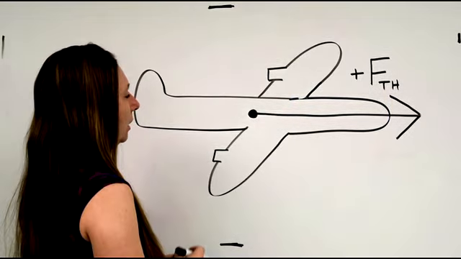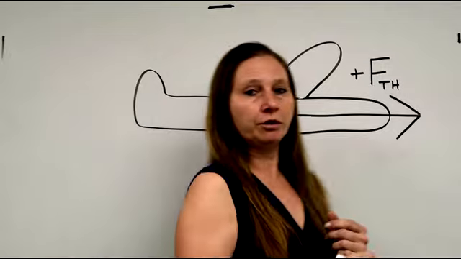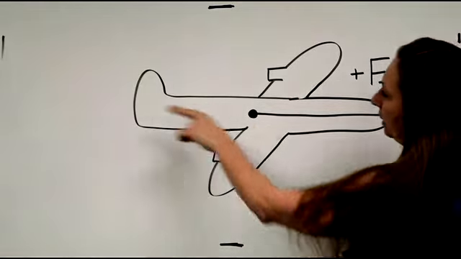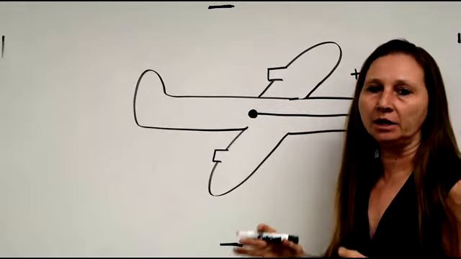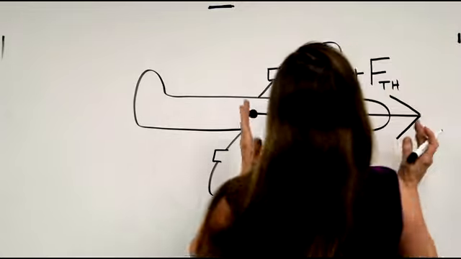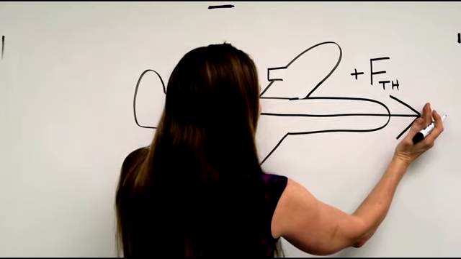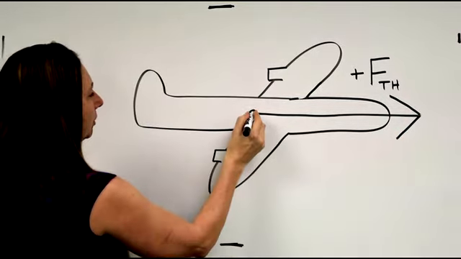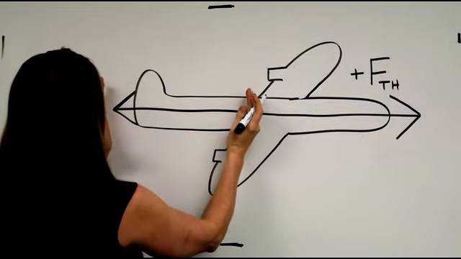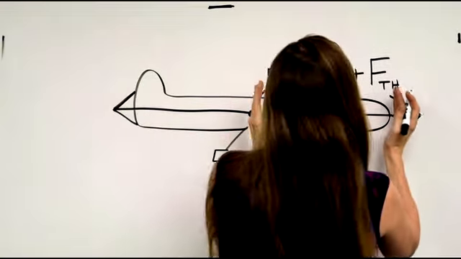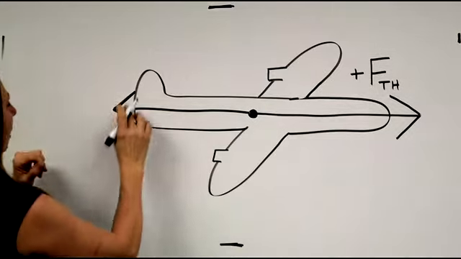Now, the friction or air resistance in that direction is called drag. And because the plane is flying at constant velocity, I'm going to make the drag equal in magnitude to the thrust. All right, so I'll do my best. Okay, it's close.